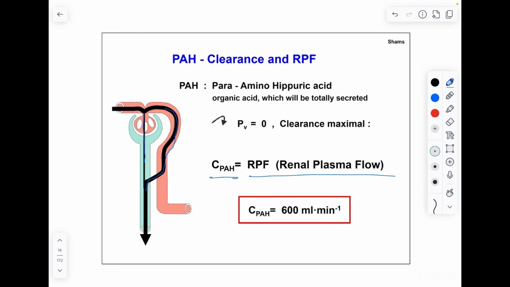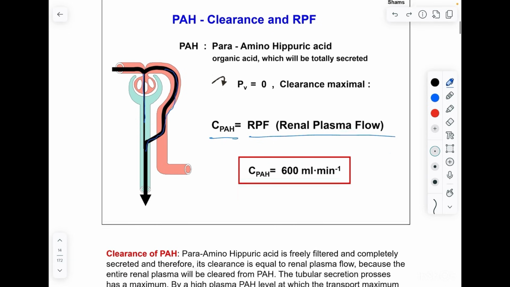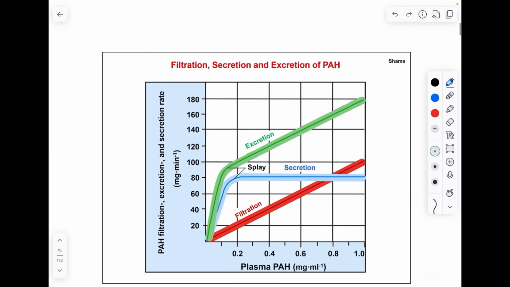So if all of the plasma is getting rid of the PAH, it will equal the renal plasma flow, because all of the plasma got rid of para-aminohippuric acid. And under normal physiological conditions, of course, it will be 600, because renal plasma flow is 600.